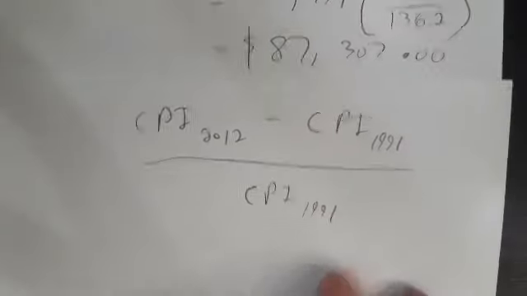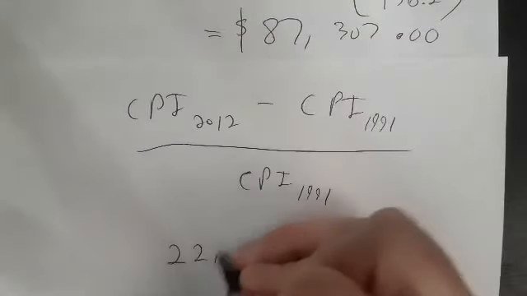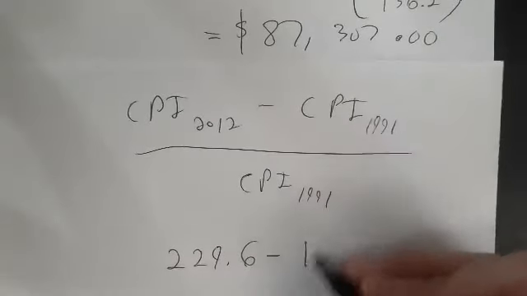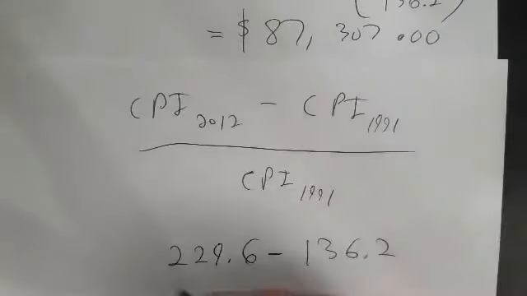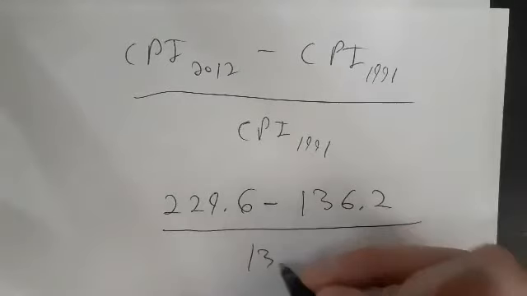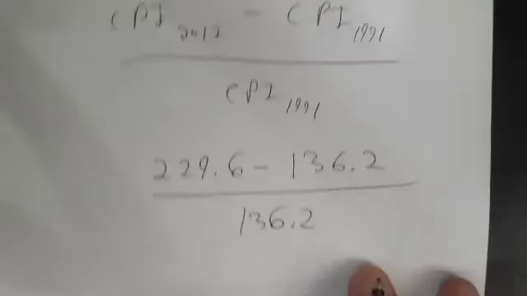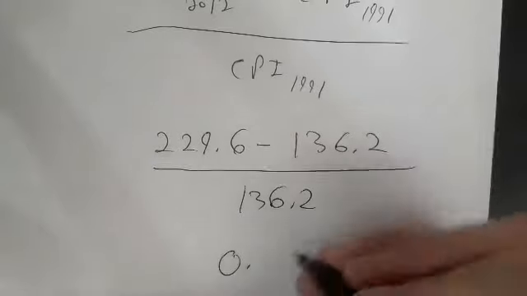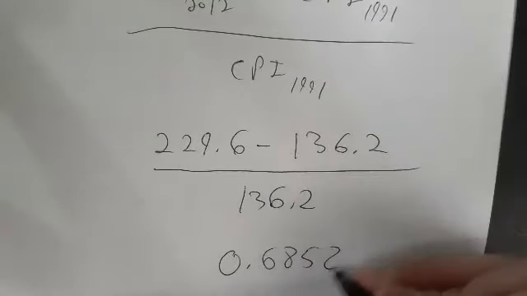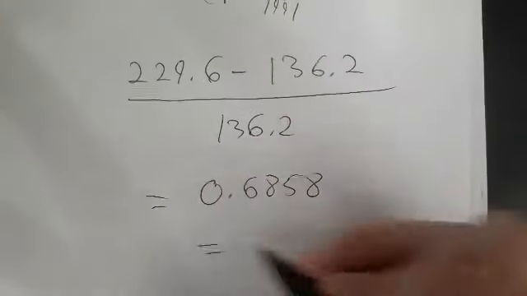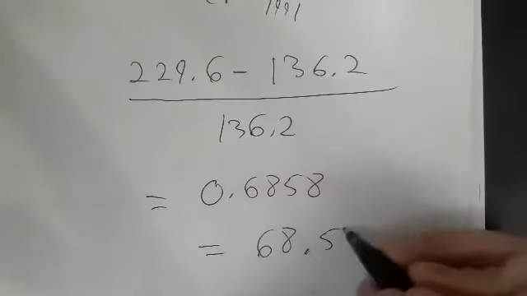If I want to throw in the numbers, this is 229.6, from the previous problem we just used, they are in the table, and we're dividing this by 136.2. So this is giving 0.6858, somewhere around there, when I calculate this, which is 68.58%.